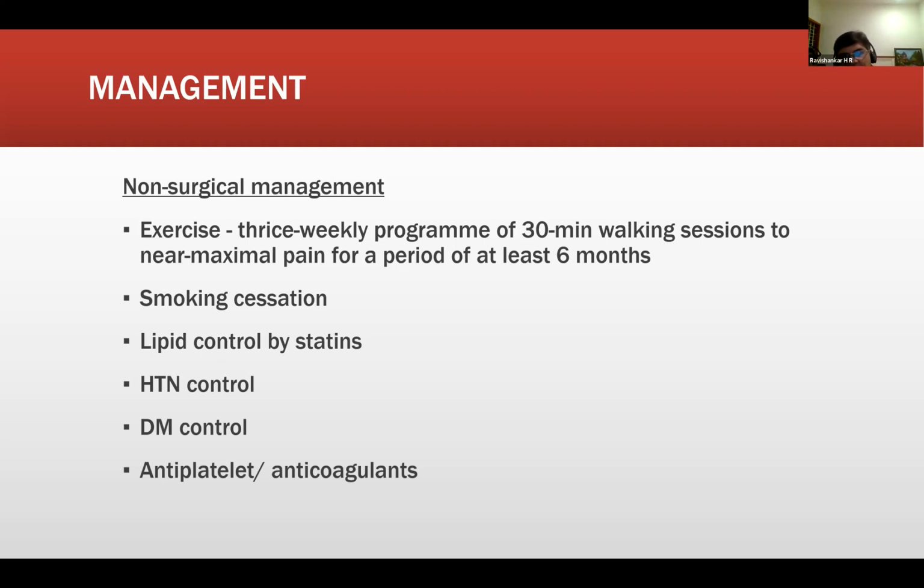This exercise, you should be able to quote studies which show how much is the percentage reduction and what is the increase in the distance if you use exercise. Is there any benefit of supervised exercise program compared to just doing some exercise? Anybody?